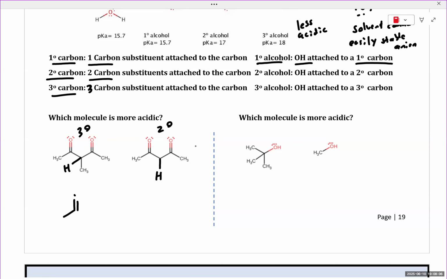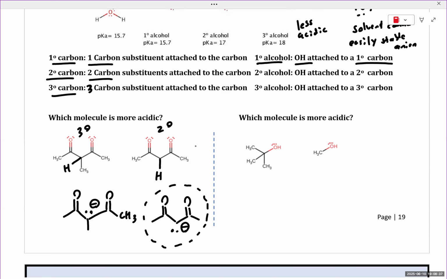The conjugate base anion generated from this tertiary position versus the secondary position. In this case, we would expect, using these substitution rules, that the anion on the secondary position would be more stable, and thus this acid would be more acidic.